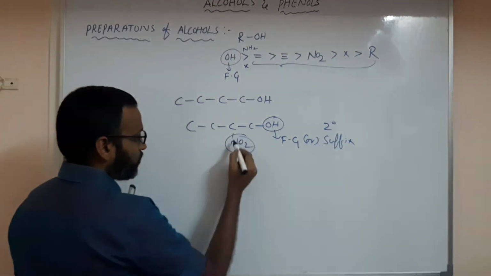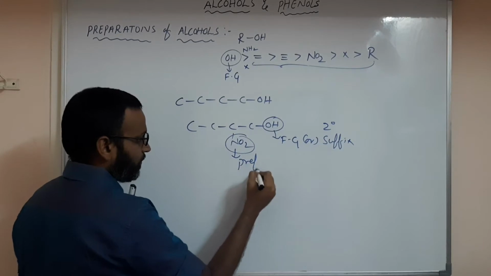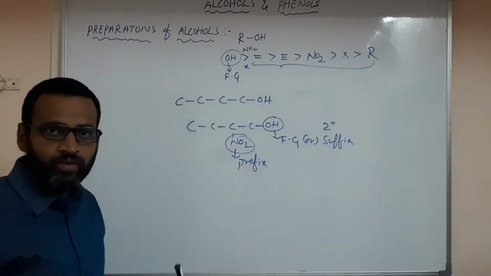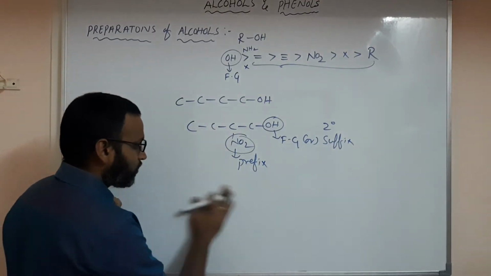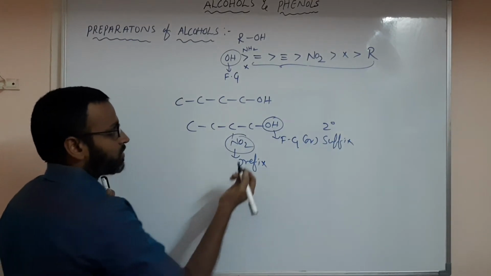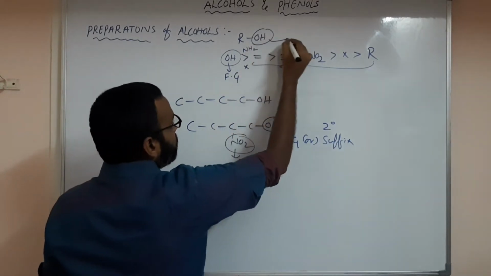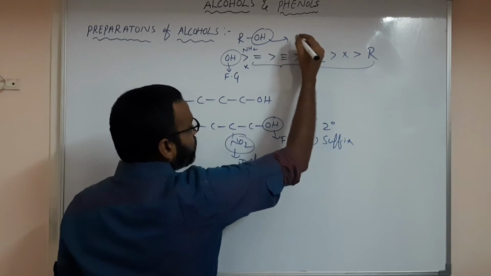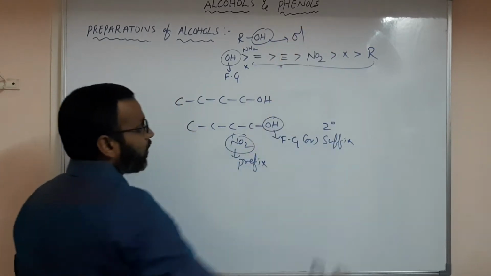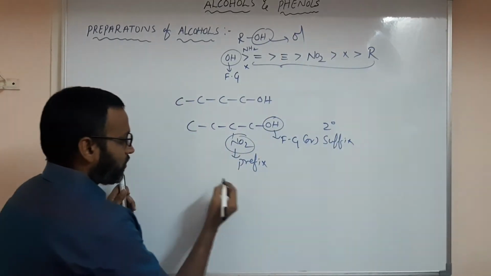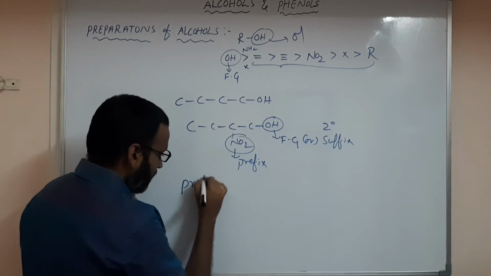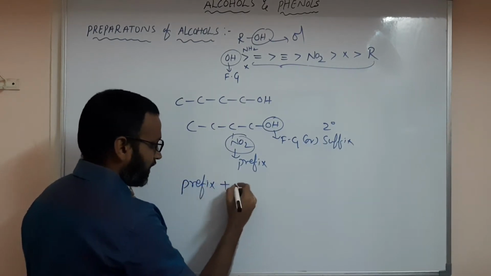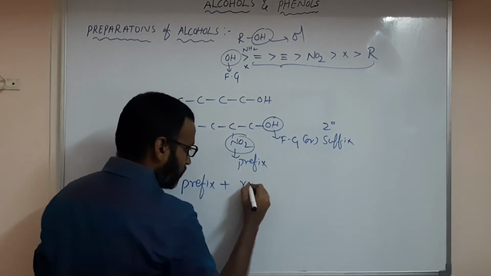And this NO2 now we call the prefix. So how to write the IUPAC name? Everybody knows. For the alcohol functional group as a suffix we use ol.